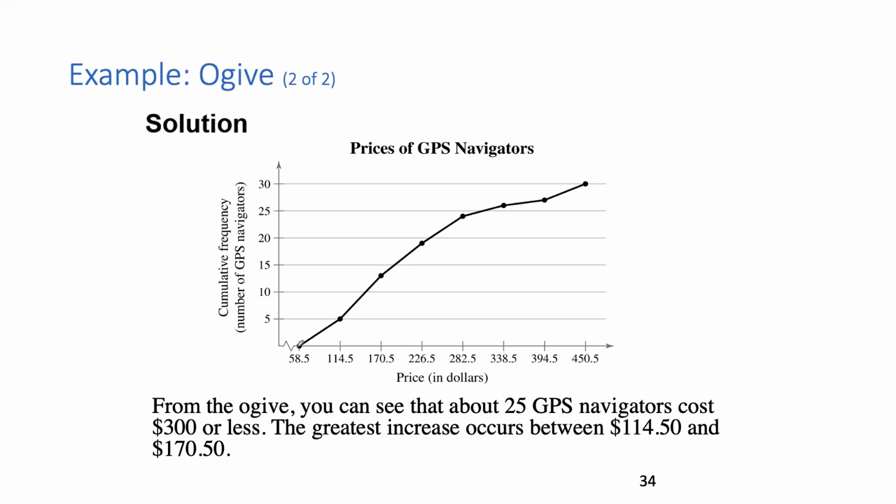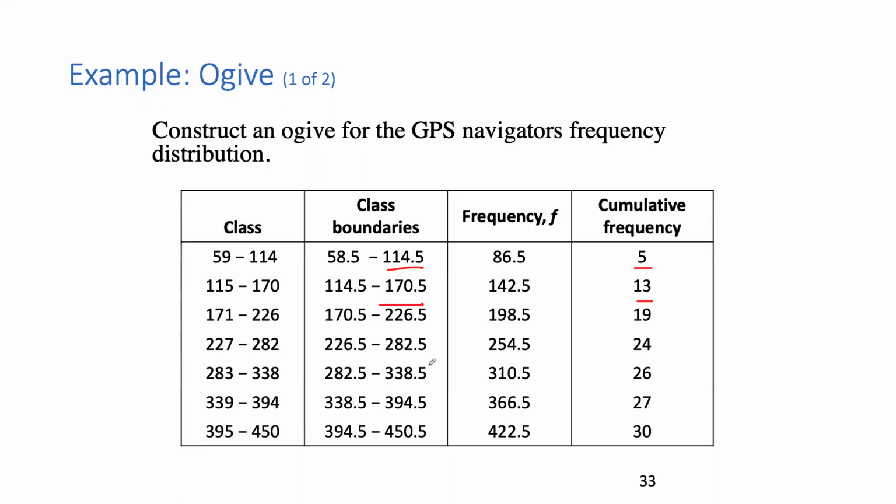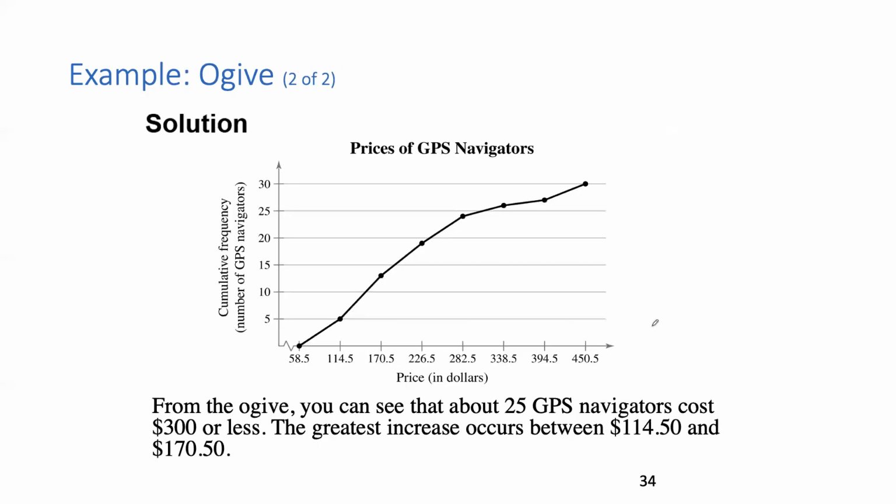So at 58.5, the lower limit of the first class, I've not seen any data entries. By the time I finish the first class, I would have seen 5 entries. By the end of the second class, which is at 170.5, I would have seen 15 entries. At 226.5, the upper class boundary, I would have seen 19 entries, and that's what this graph is telling me, right?